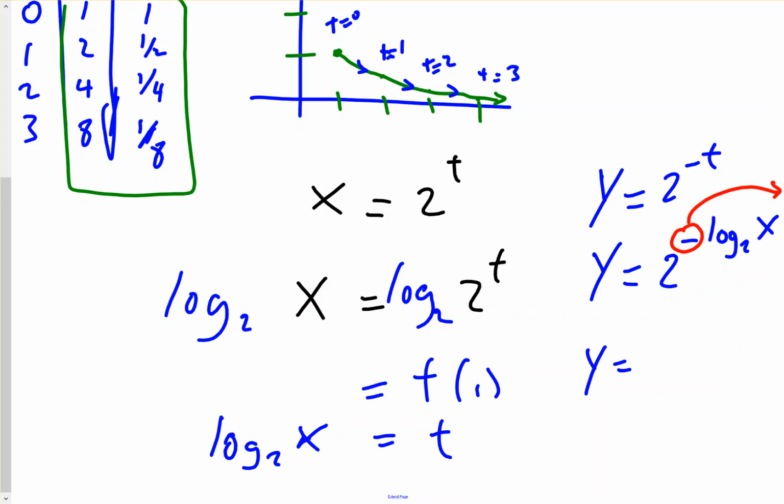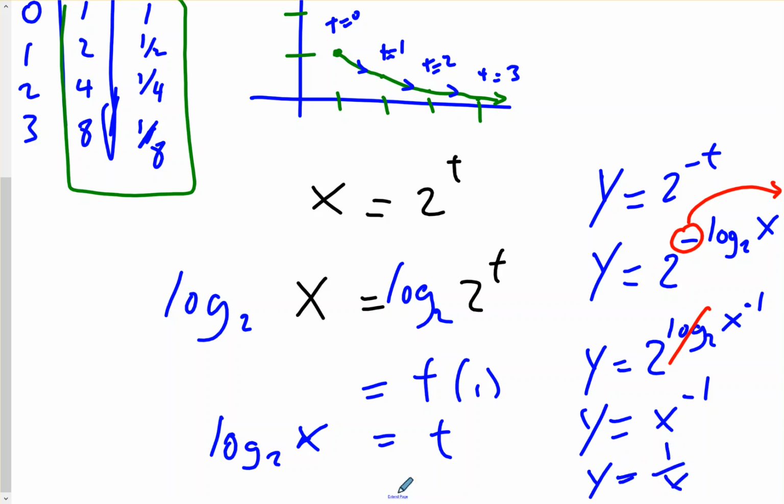So I have 2 to the log base 2 of x to the negative 1. Okay, now the 2 to the log base 2, that's going to cancel each other. So I just have y equals x to the negative 1, which means this is y equals 1 over x.